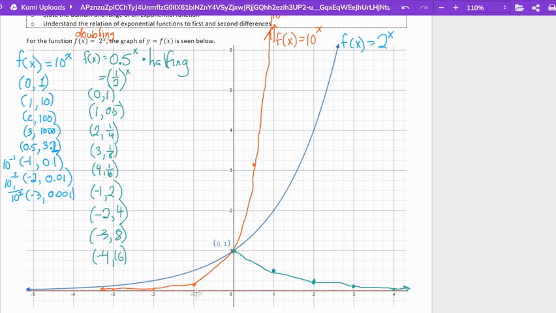Okay, when x is negative 1, y is 2. When x is negative 2, y is 4. Whoa. So let's label this graph as f of x equals 1/2 to the power of x.